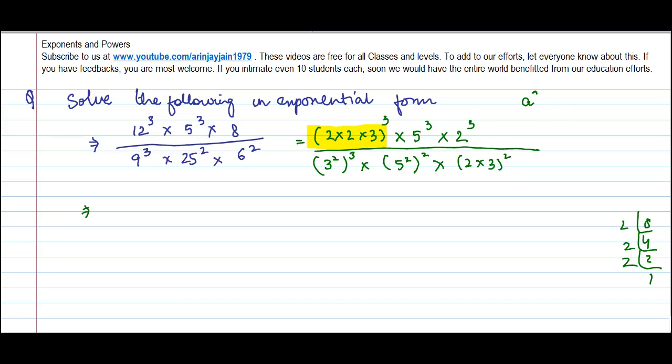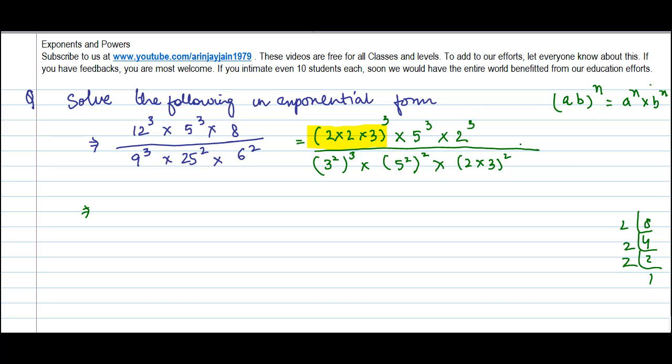Remember, a to the power m into a to the power n, or rather b to the power n, is equal to ab to the power, I'm sorry, I guess I've used the wrong equation. (ab) to the power n can be written as a to the power n into b to the power n. Now in this case, instead of ab, you have c.